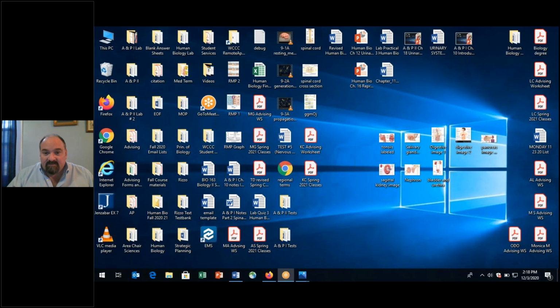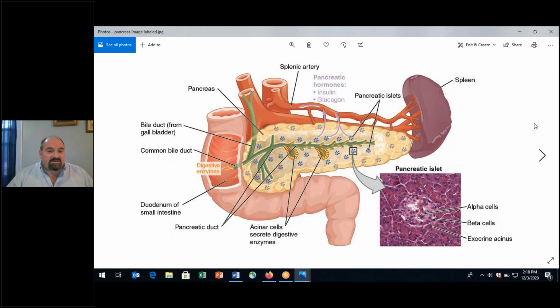So let's take a look at the pancreas image right here. This is a really nice image. Here's the duodenum. You're not seeing the stomach, because the stomach would be in this region right here. So we can see the duodenum, the beginning of the small intestines. You see this green structure, coming from the liver and the gallbladder, the common bile duct.